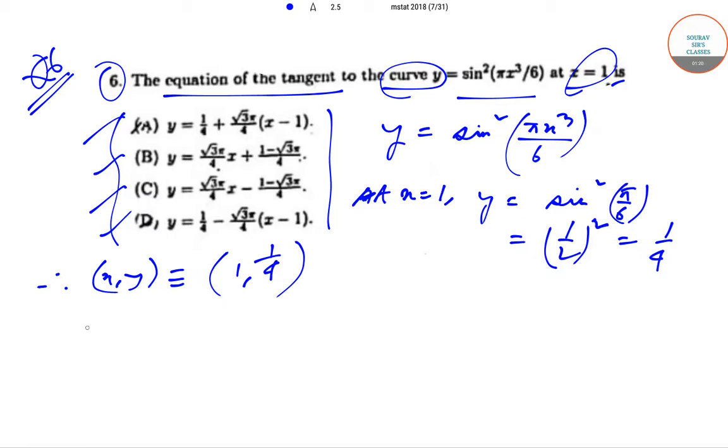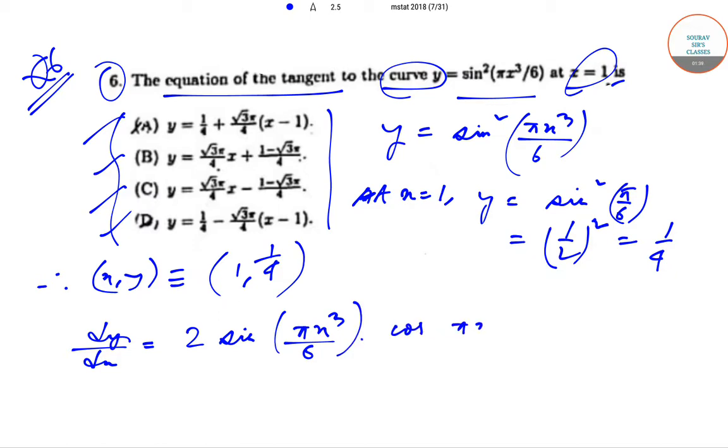So now if we differentiate y with respect to x, this gives us dy by dx is equal to 2 sine of pi x cube by 6 into cos of pi x cube by 6 into 3 pi x square by 6.